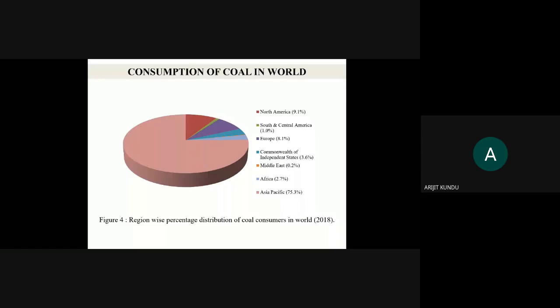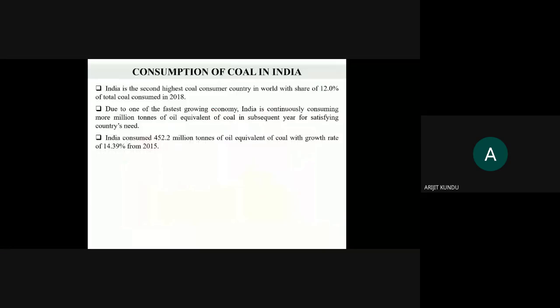Once again, Asia Pacific is on the top, that is 75.3%, and other than this, North America is at 9.1%. Okay, this is the consumption of coal in India. India is the second highest coal consumer country in the world with a share of 12% of total coal consumed in 2018. Due to one of the fastest growing economies, India is continuously consuming more million tons of oil equivalent of coal in subsequent years for satisfying the country's need.